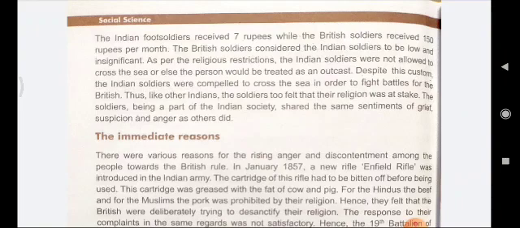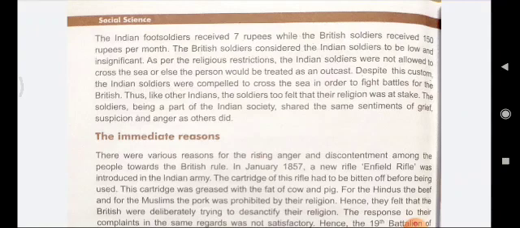The British soldiers considered the Indian soldiers to be low and insignificant, that means persons who cannot do anything.